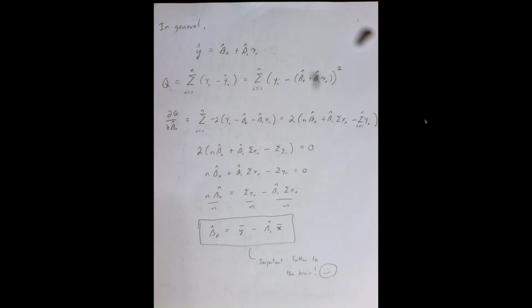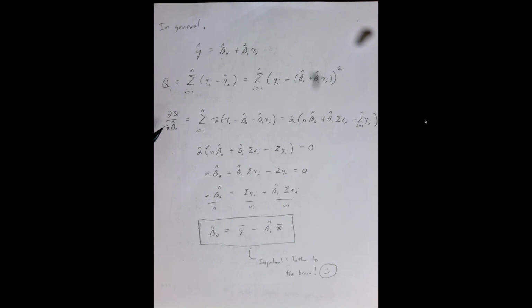Again, what's the process? Set up Q, take the derivative, set it equal to 0, and solve. Well, the first part's really easy. The first part being establishing the partial for b0. So again, we've set up Q. Very simple to do.